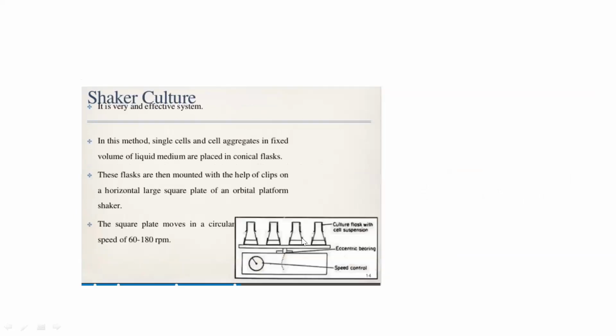So shaker culture is very simple. In this case, you have conical flasks with the medium and the cell suspension, and you give a desirable speed, 60 to 180 RPM. The whole stage, the orbital shaker platform, shakes with a uniform speed.